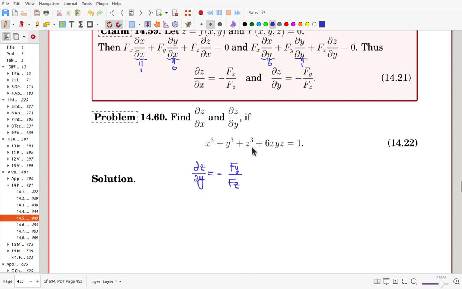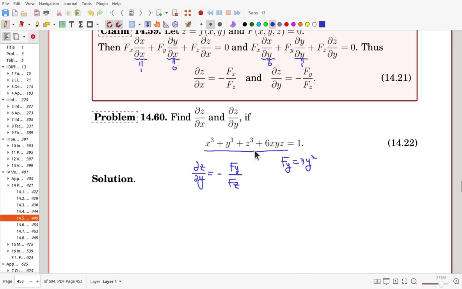You may define capital F by moving this one to the left-hand side and setting it equal to 0, but the 1 will disappear after differentiation, so you don't have to do that. Now, that is capital F. And the y derivative of capital F is here. That is 0. And there is a 3y squared, the y derivative, so that is 3y squared.